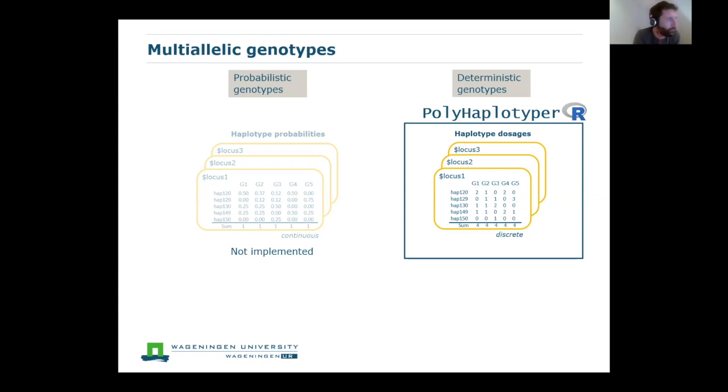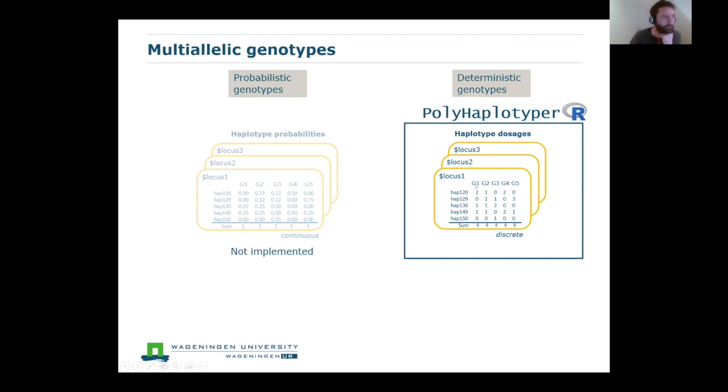And then, as we said, we wanted also to use multi-allelic genotypes, and PolyHaplotyper that we used to infer the haplotypes is producing an output that is of this form. So for each locus, so for each small haploblock, concatenation of a few SNPs, it will infer a number of haplotypes that are in the row, and it will assign the dosage of those haplotypes for each individual.